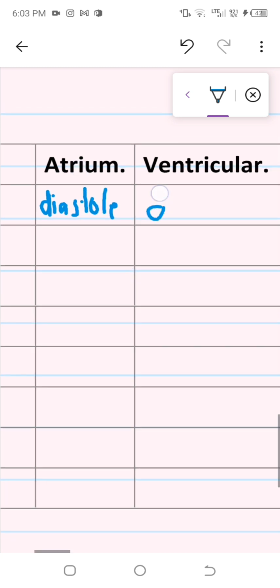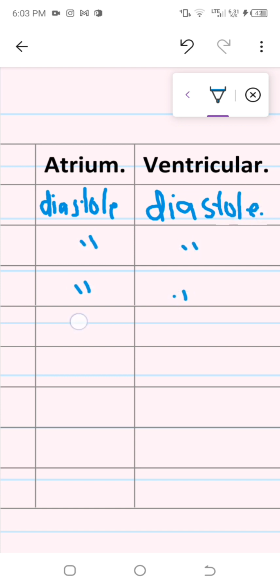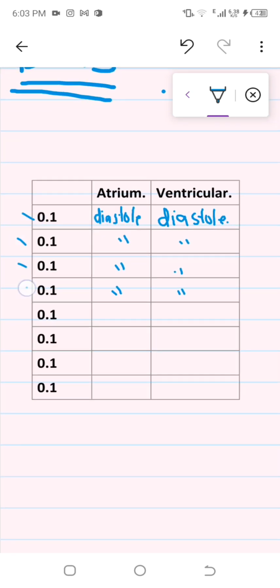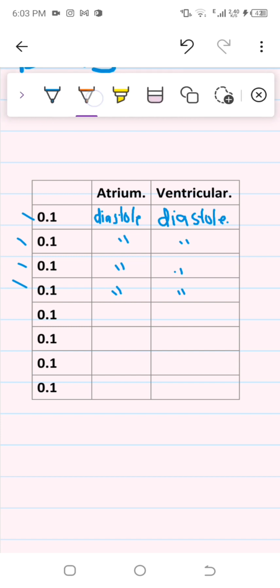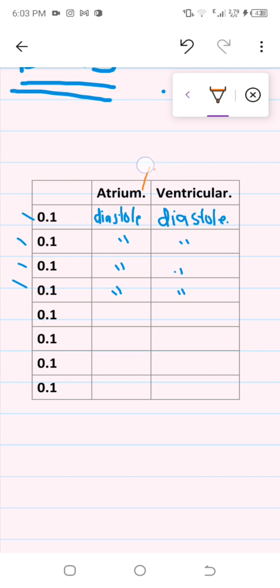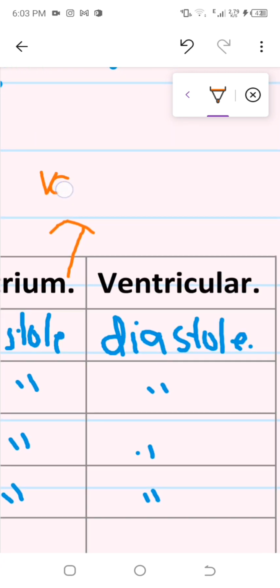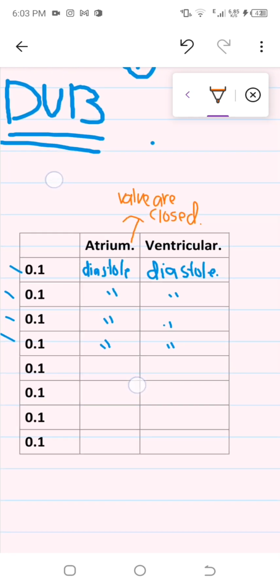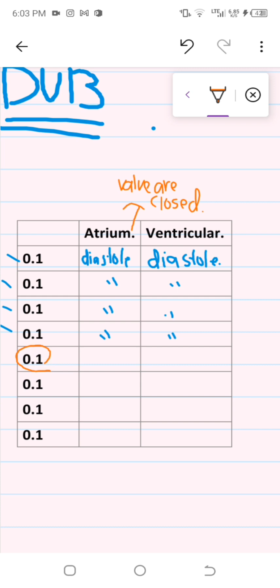Till 0.4 seconds, the diastole will take place in atrium and ventricle. When diastole takes place, this means the valves are closed.